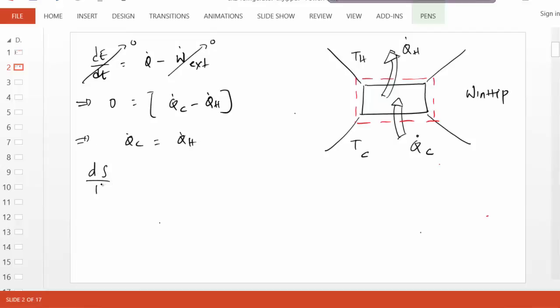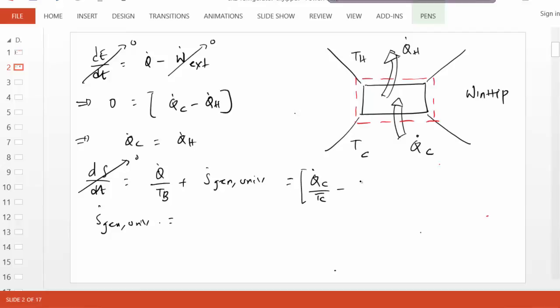A second law analysis of this system will give us the entropy generation in the system's universe, which must be positive to satisfy the second law. Friction cannot be negative. Okay, the Q dot term we have to split into two terms, Q dot C over Tc minus Q dot H over Th.